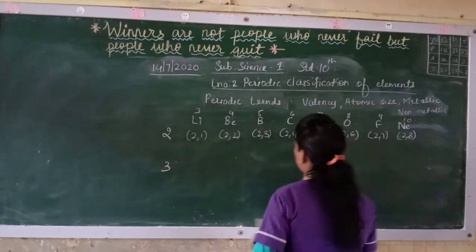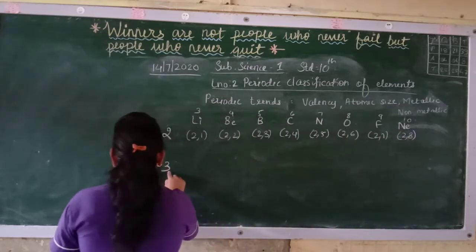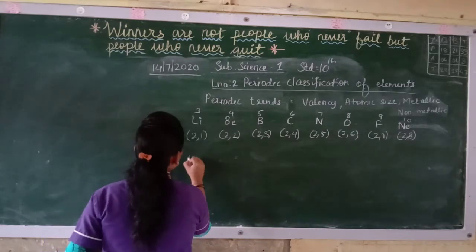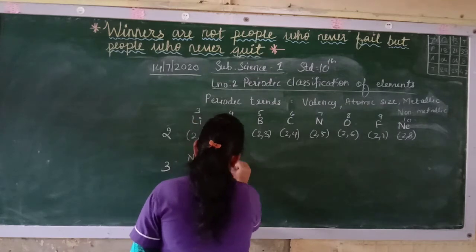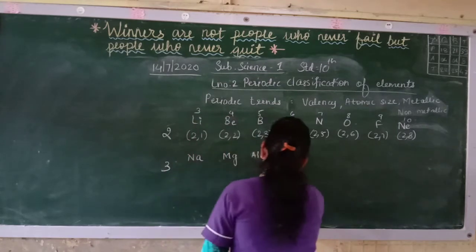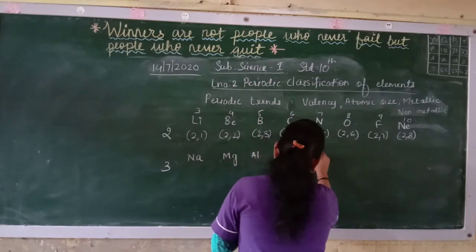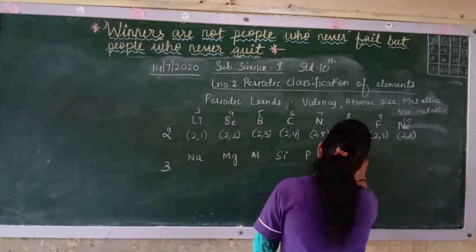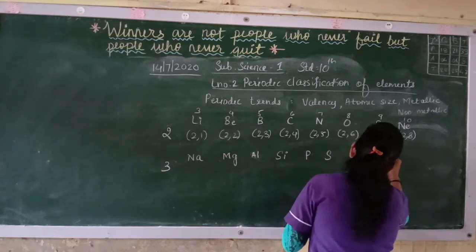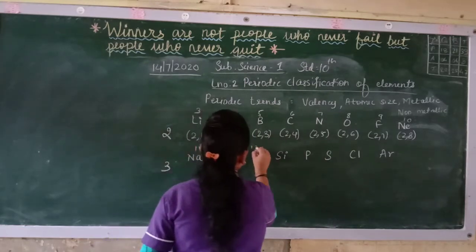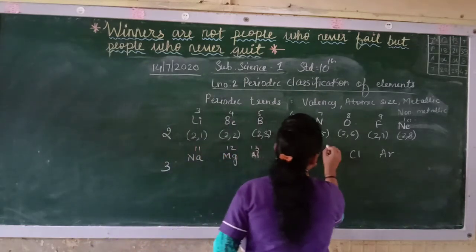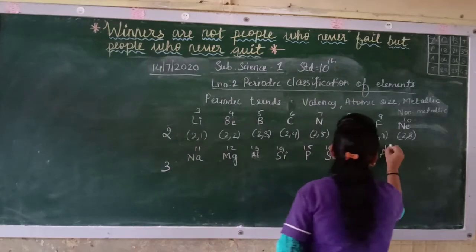Your octet is complete. Now if you see over here for the third period, what you are getting are sodium, magnesium, aluminium, silicon, phosphorus, sulfur, chlorine and argon. Now you will find here it is 11, 12, 13, 14, 15, 16, 17 and 18.